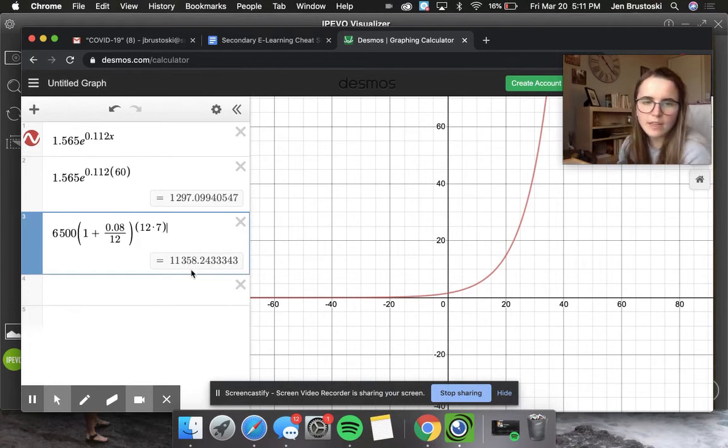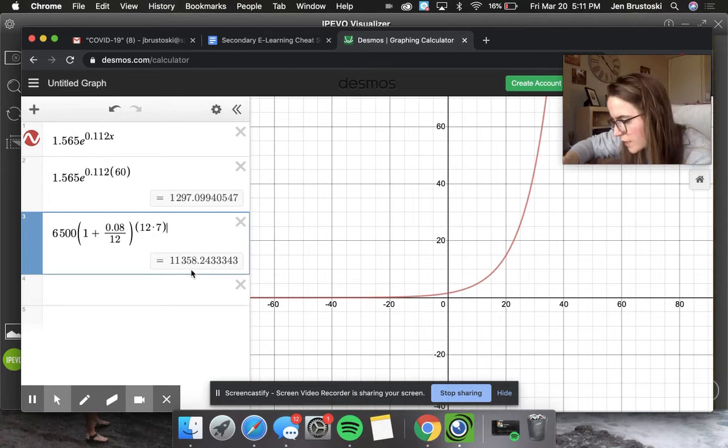We end up having 11,358.24, and we're going to round to the nearest cent, which is hundredth, 2 decimal places.